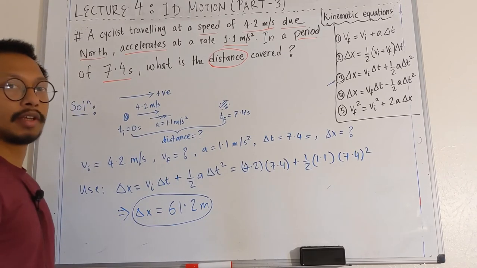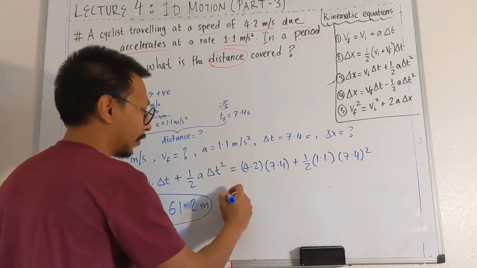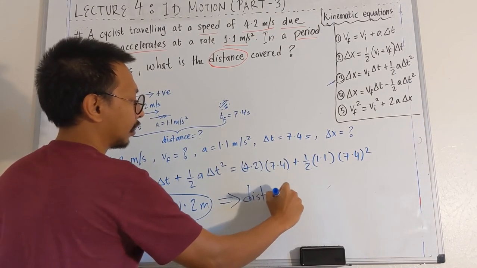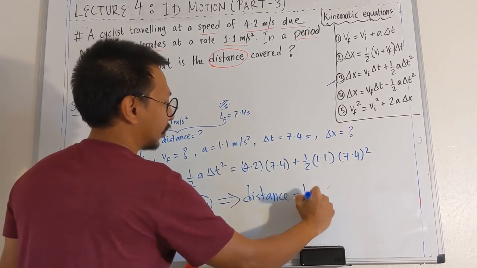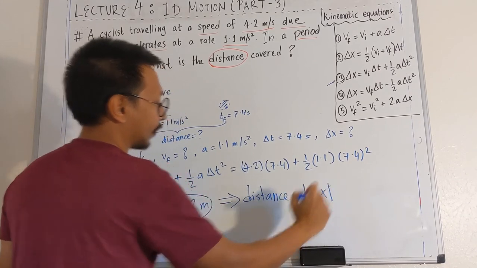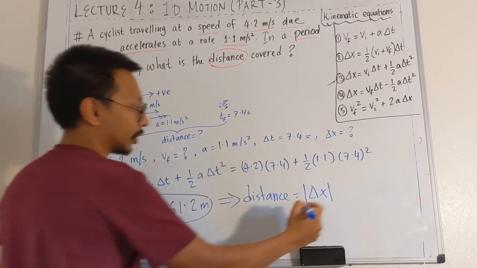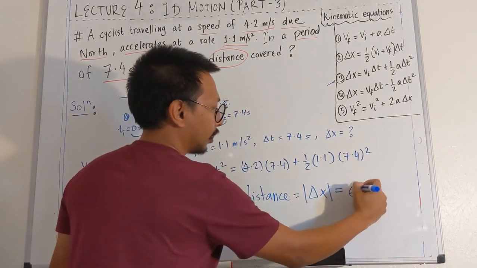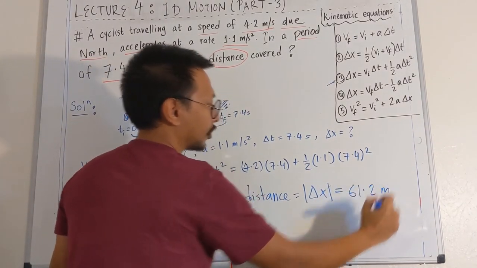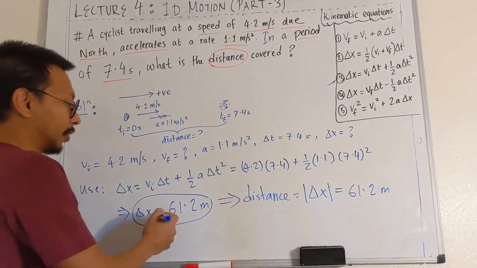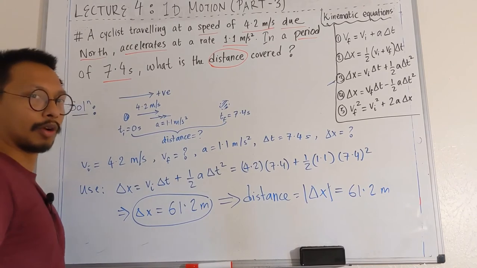So we need the distance. So from there, the distance is just the magnitude of whatever delta x you found, which is absolute value, which is always positive. So distance would be 61.2 meters always, but displacement could have been negative 61.2 meters.